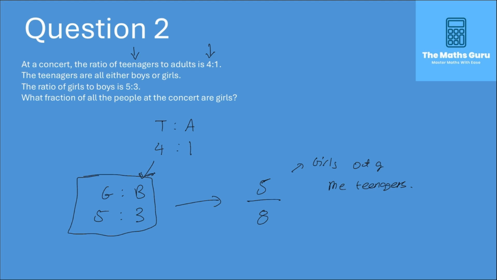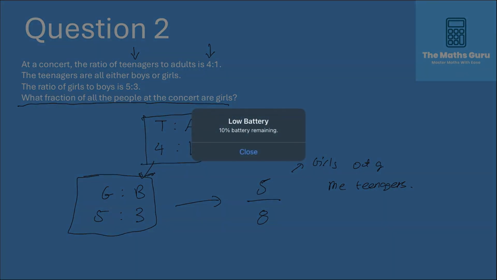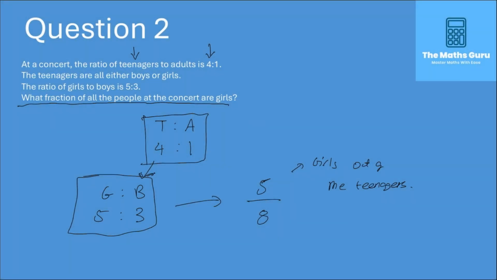So this 5 out of 8 has to be used to work out the fraction of girls at the concert. So this box here is used to represent the ratio between teenagers and adults. Now obviously all the girls come from this teenager section. So we have to assume that it follows the pattern of 4 parts to 1 part.